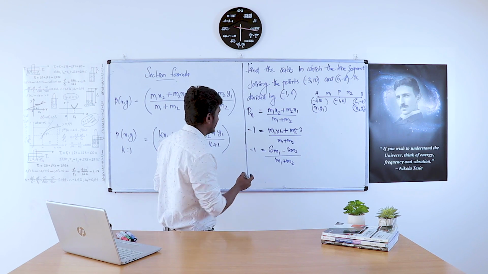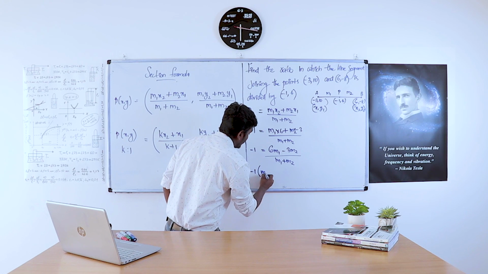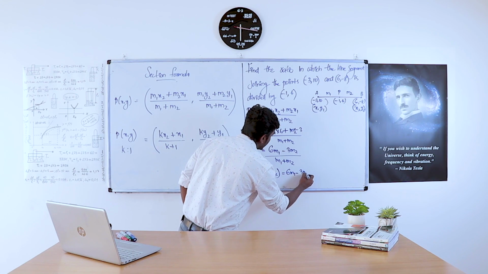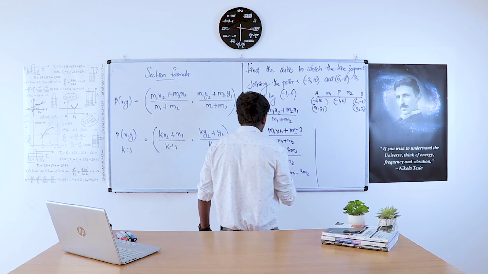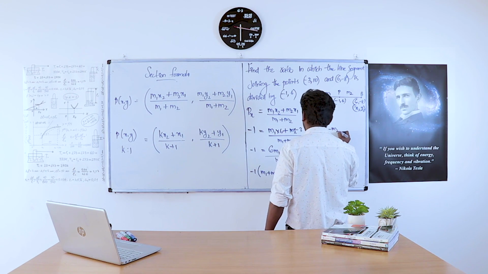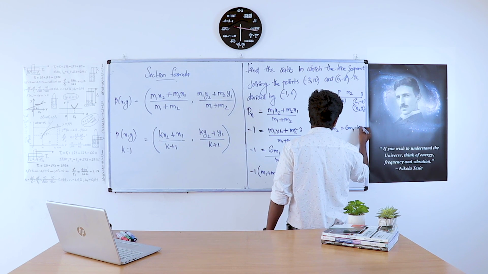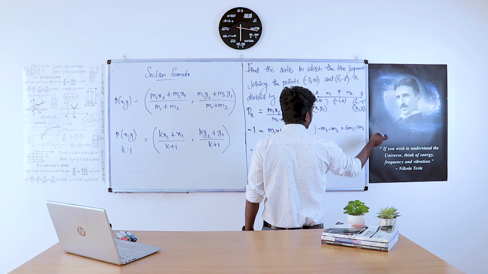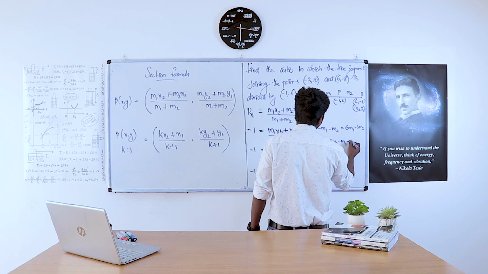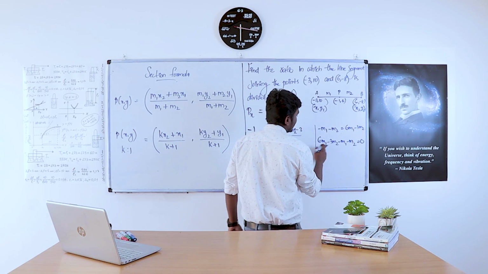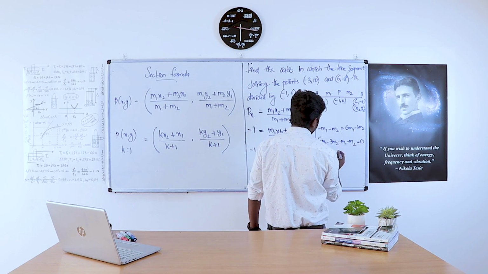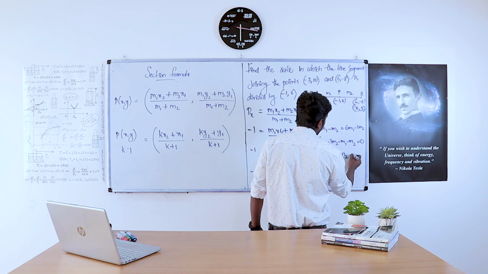Just cross multiply the equation. That is -1 into (m1 + m2) is equal to 6m1 - 3m2. We can write -m1 - m2 is equal to 6m1 - 3m2. Shifting the left side terms to the right side, it becomes 6m1 - 3m2 + m1 + m2 equal to 0. 6m1 - m1 is 5m1, and -3m2 - m2 is -4m2, equal to 0.